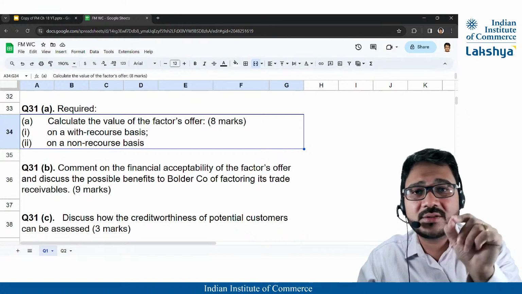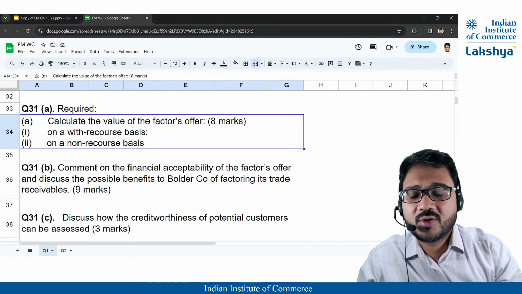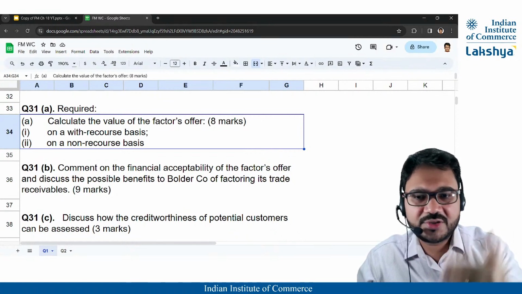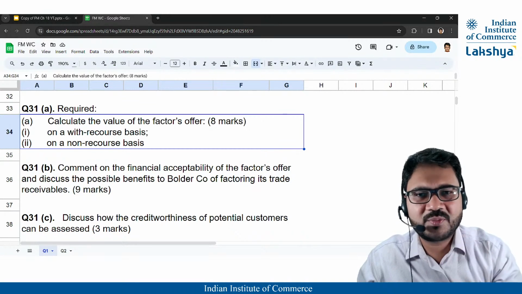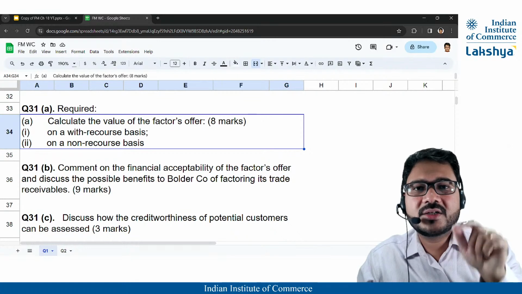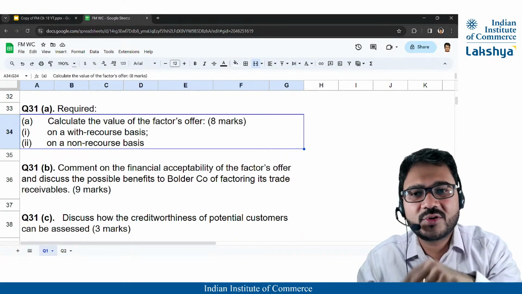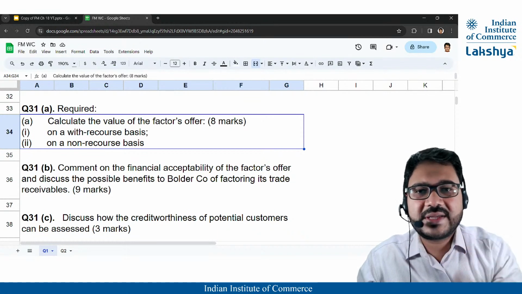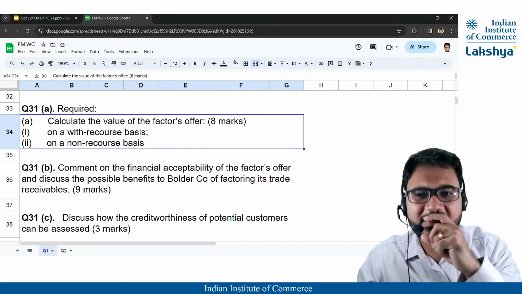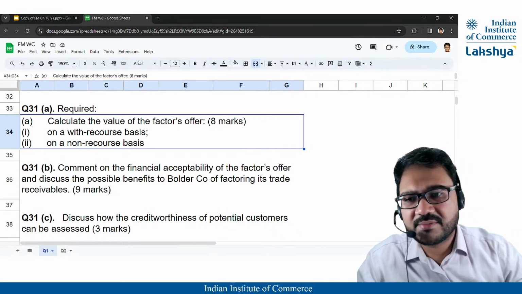It shouldn't be one point. Over here, I've written it as points in the solution because I didn't want to write the whole thing. But you cannot write in points. You have to write a full sentence around it. We'll come to it a little later. Just keep this in mind.